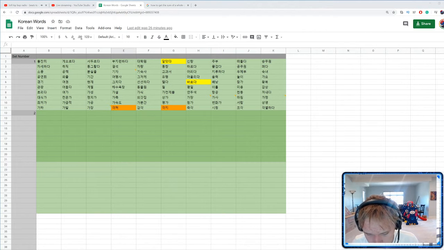And 가전제품 is electronic house goods, appliances. Boom. Now, I'm gonna reel low. I'm guessing another one of these, and I'll be good. We'll see.